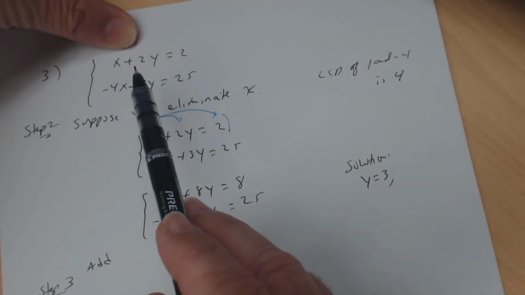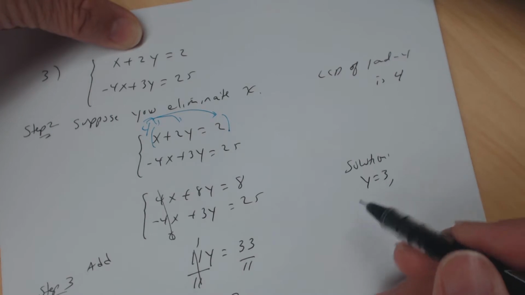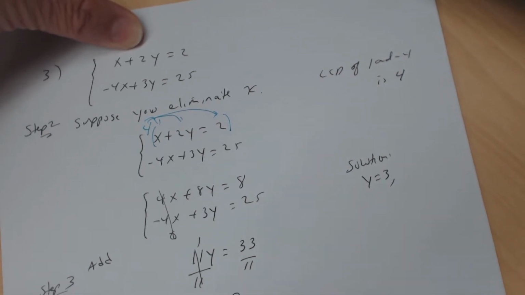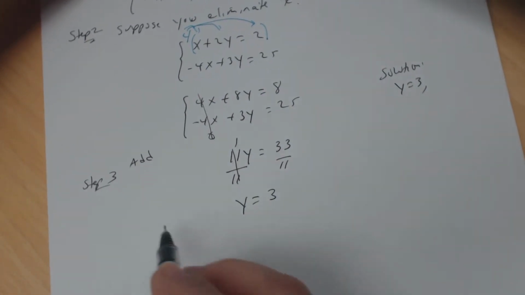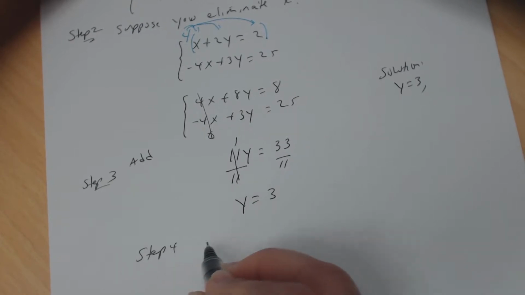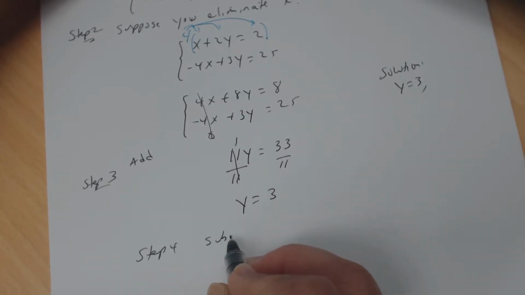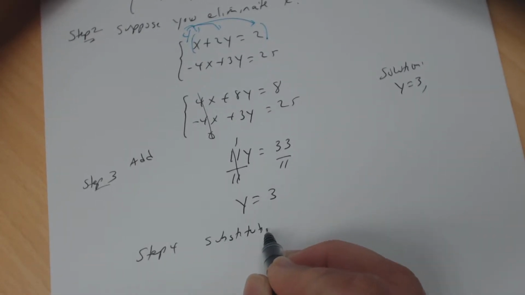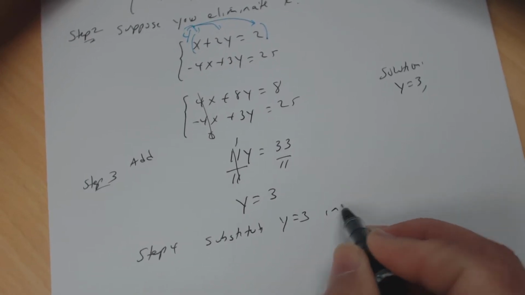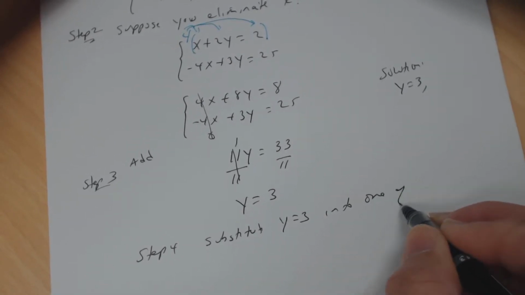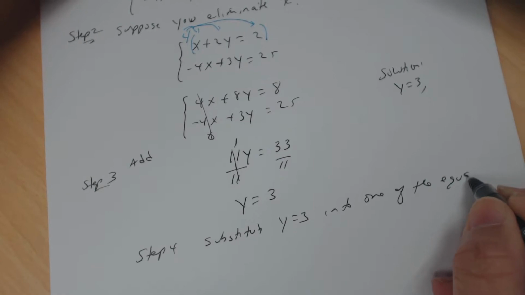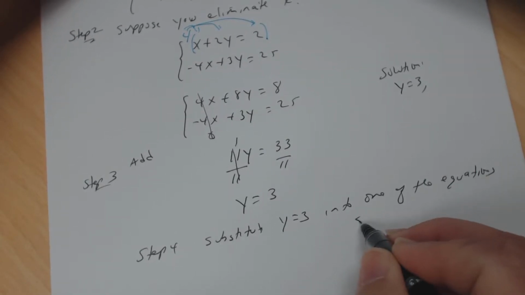It does not matter, but be strategic. So step 4 is to substitute y equal 3 into one of the equations and then solve for x.